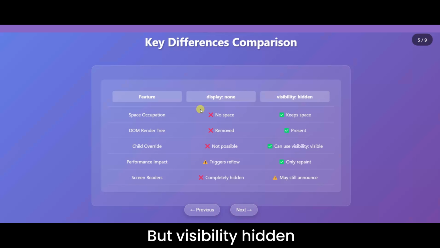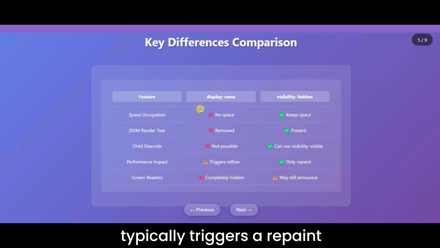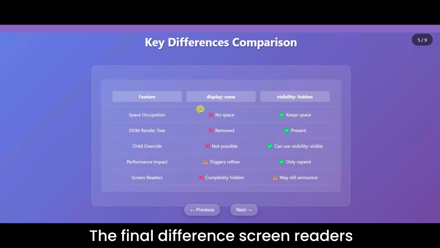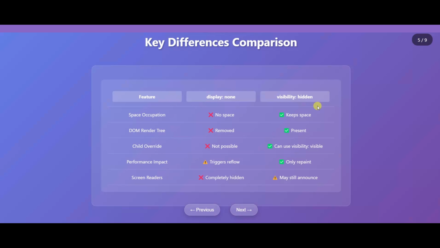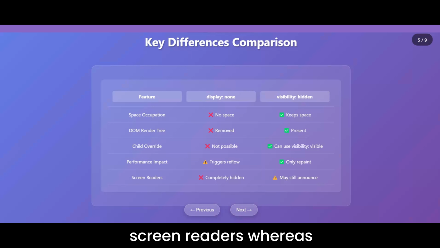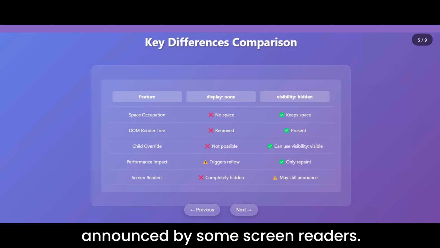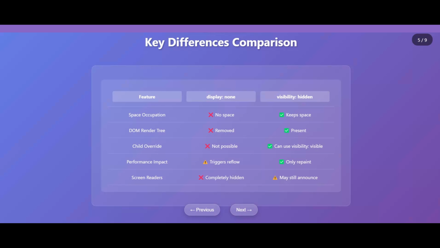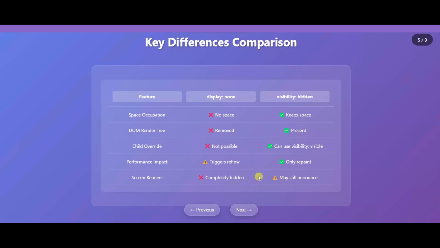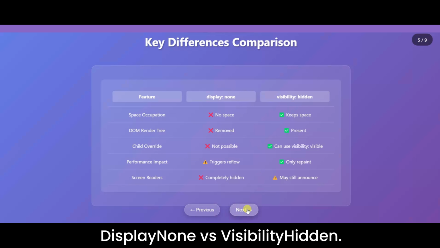But visibility hidden typically triggers a repaint, which is less expensive. The final difference, screen readers, that is accessibility. Display none removes elements from screen readers, whereas visibility hidden may still be announced by some screen readers. These are the differences between display none versus visibility hidden.